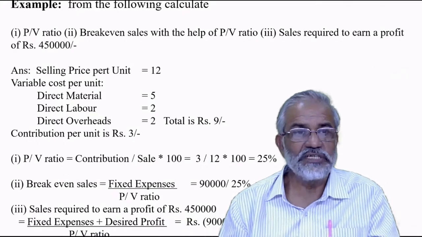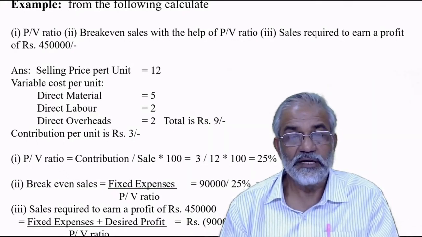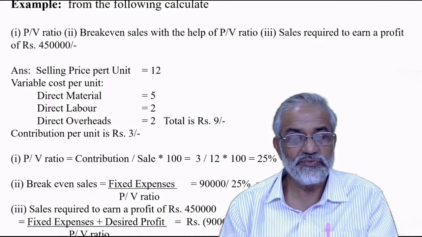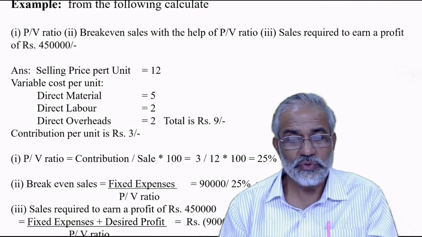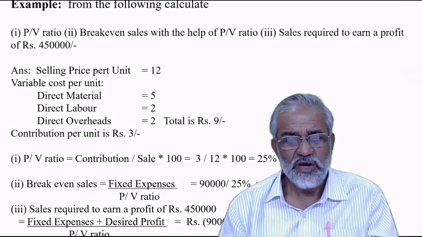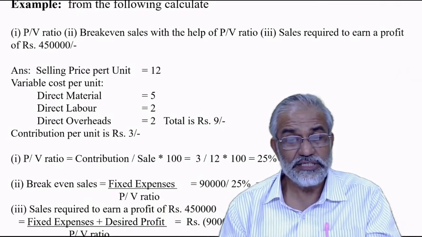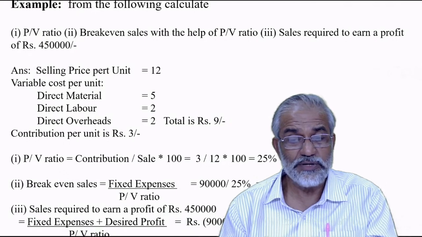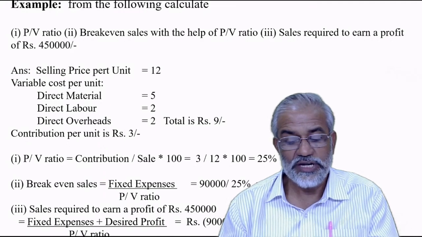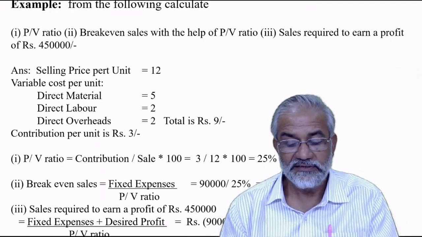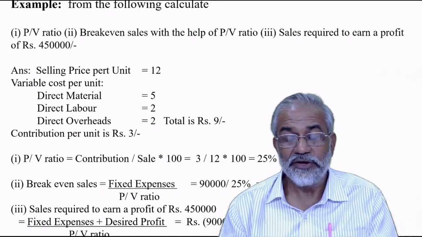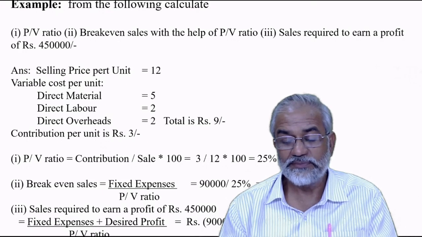Here 90,000 is the fixed expenses, and the desired amount of profit is 4,50,000. Both come to 5,40,000. When 5,40,000 is divided by the PV ratio, already calculated to be 25%, it comes to 21,60,000.